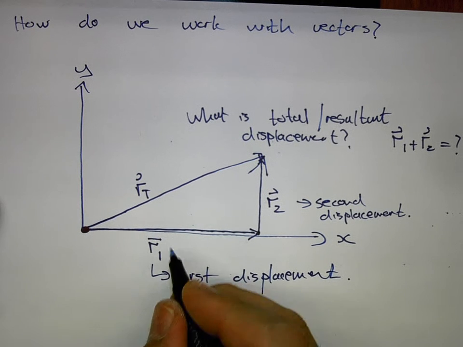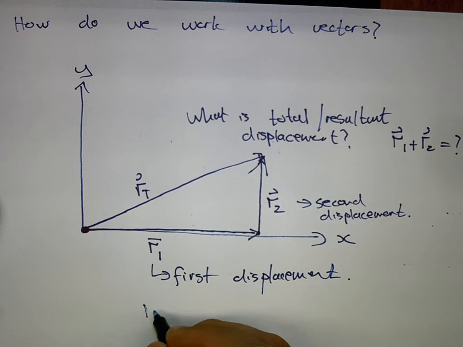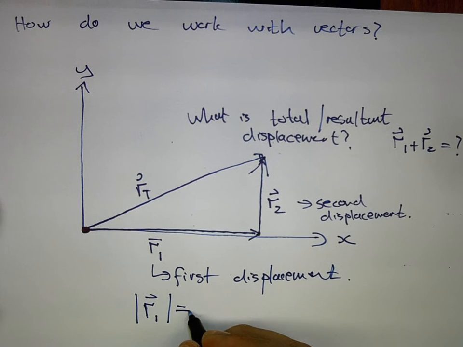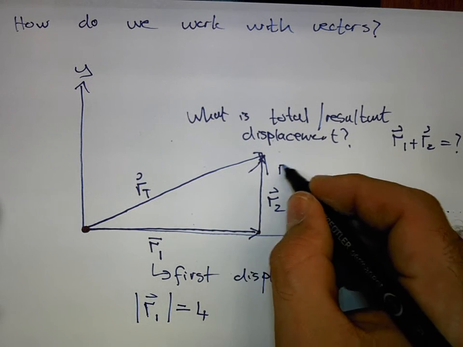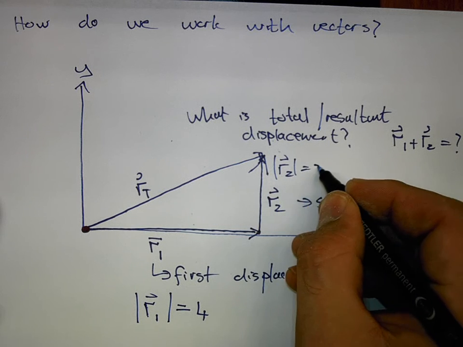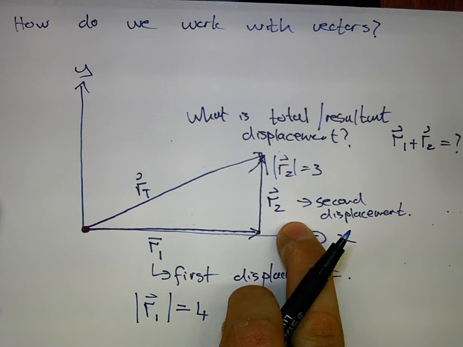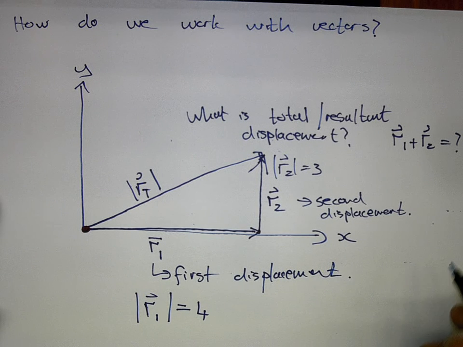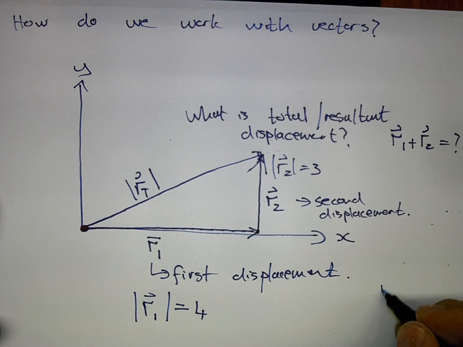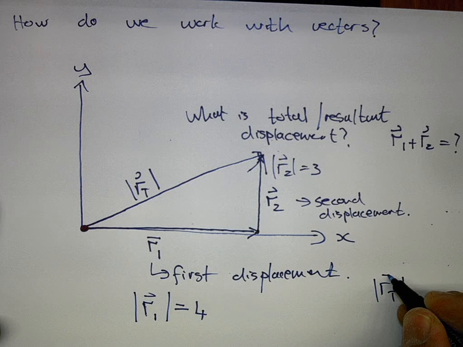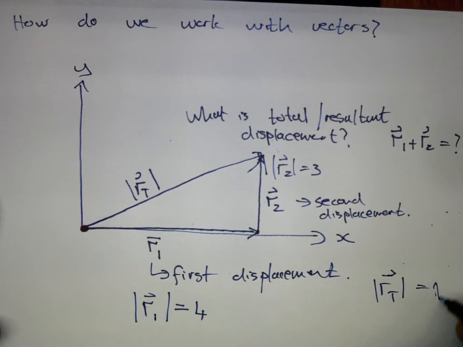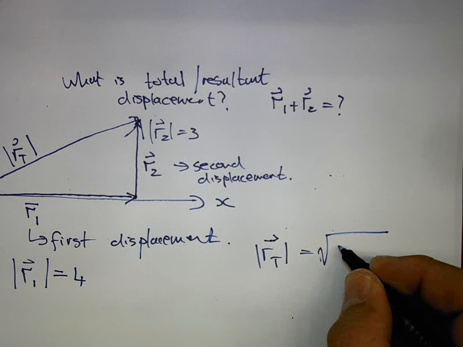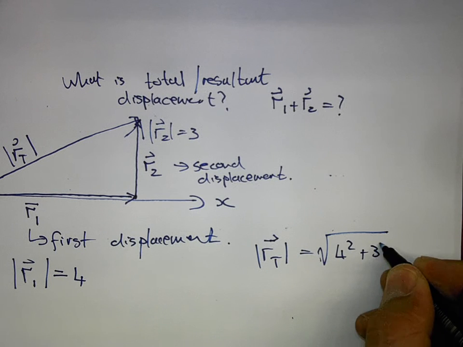Let's say vector R1 had a magnitude equal to 4, and vector R2 had a magnitude equal to 3, so this was 4 meters, this was 3 meters. Then the magnitude of the total vector, from Pythagoras' theorem, is just the square root of 4 squared plus 3 squared.